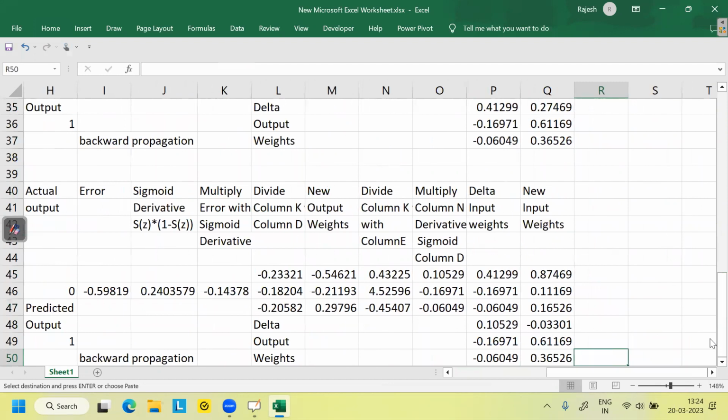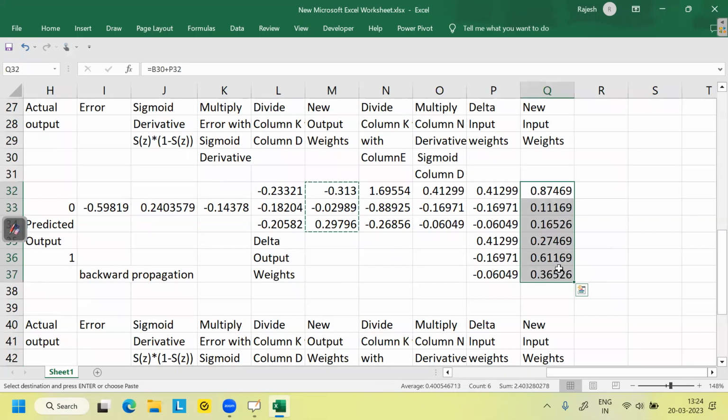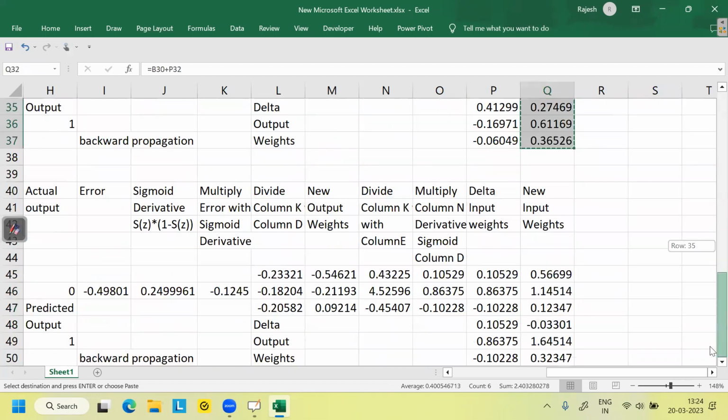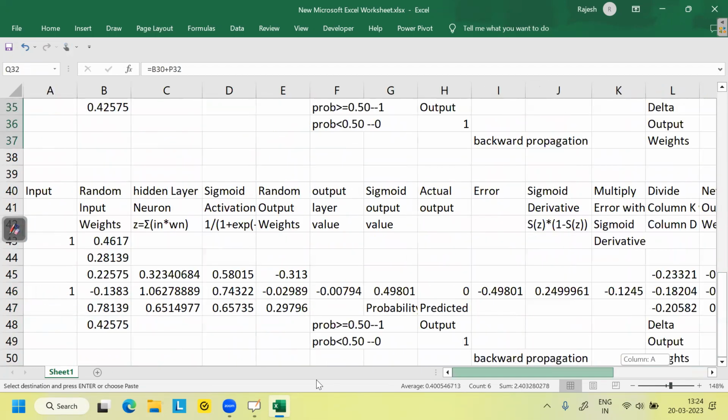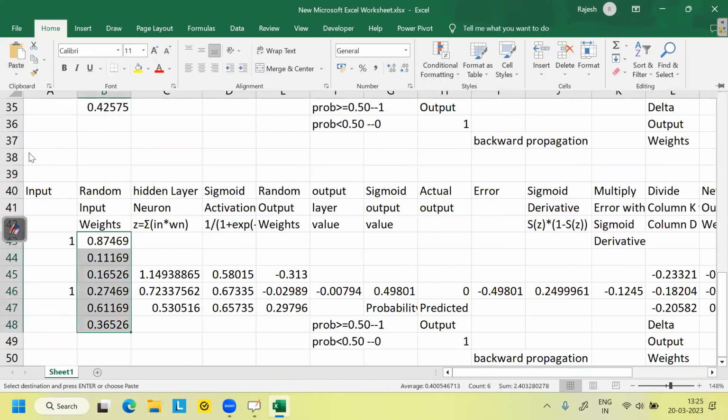I'll go back to the previous iteration, Control C, the new input weights, paste them here, paste special values and number format, Control S.